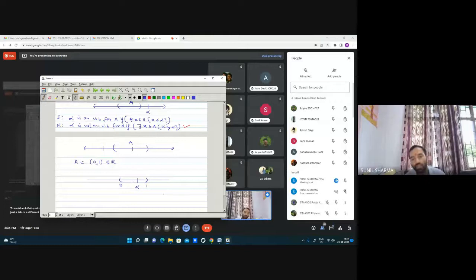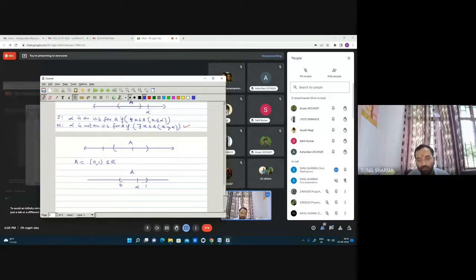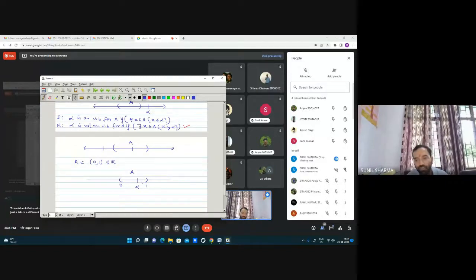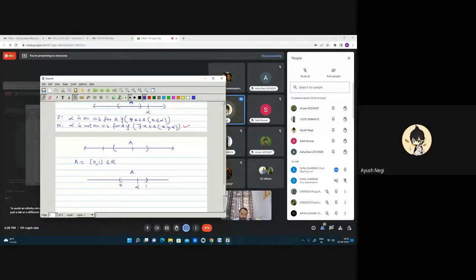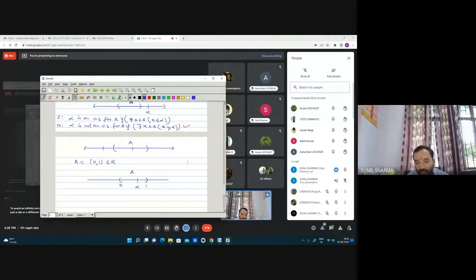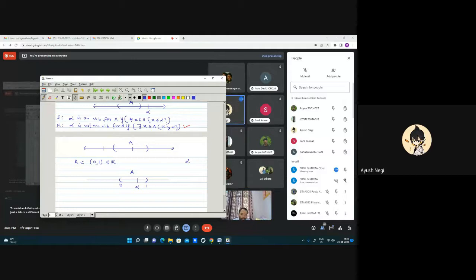So how can you prove that alpha is not an upper bound for this set? When will we say that alpha is not an upper bound? You have to find a member of the set which is greater than alpha. Alpha minus 1 should be less than 0.